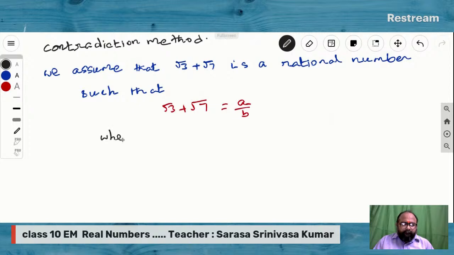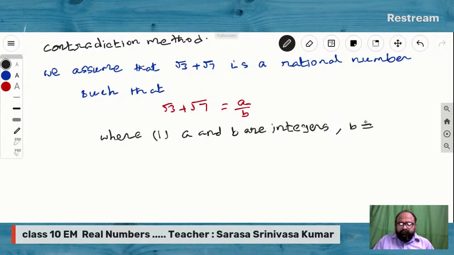where the first condition is a and b are integers, b is not equal to 0. Now the second condition is a and b are co-primes.